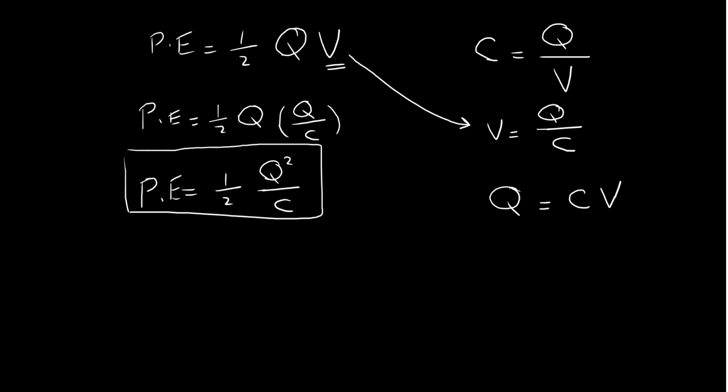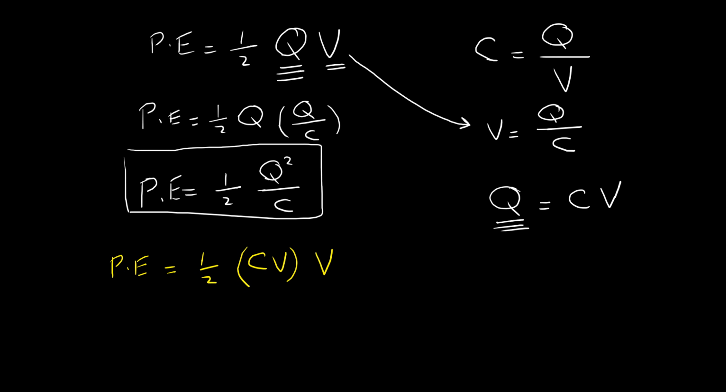Or I can use the Q here and replace it with the Q from this one. Let's change maybe the color to help us identify that we have different ones. It will be the potential energy equals half CV, that's replacing the Q, multiplied by the voltage, all right?